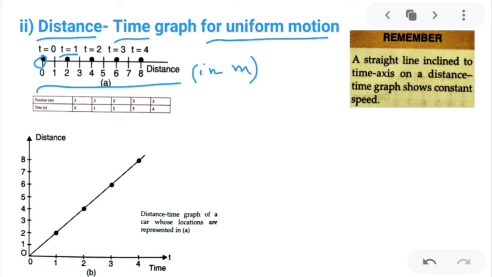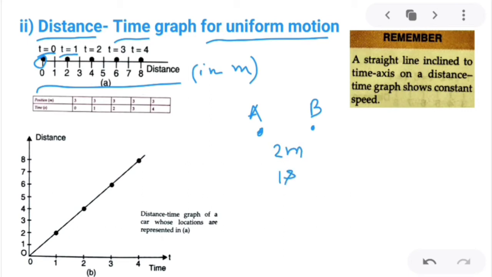When the time just started, at 0 seconds, the object is at 0 meters away. Suppose this is A. After 1 second, the object is at 2 meters. Suppose it is B, 2 meters away.